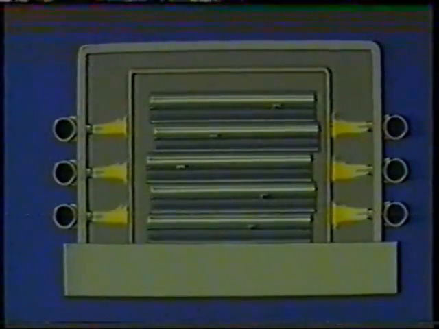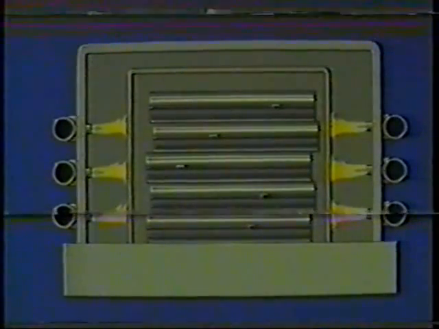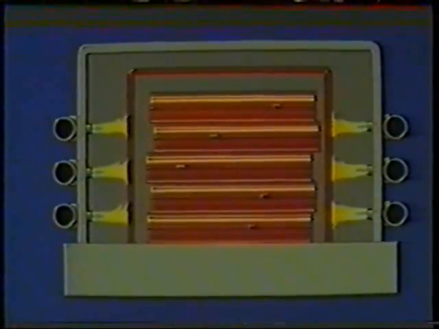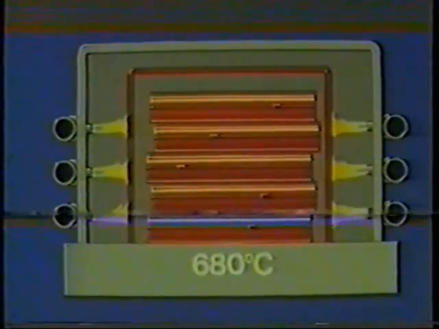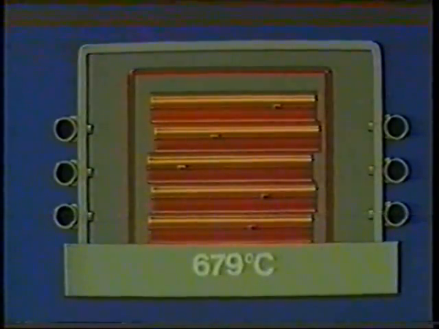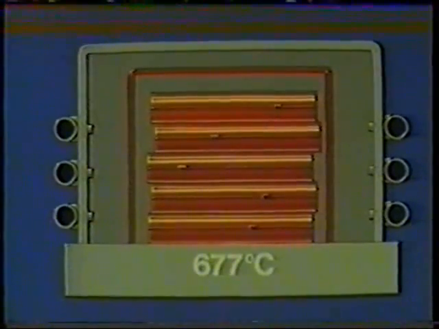Steel is annealed first by heating it to a high temperature, just as in hardening. In this particular case, the temperature is set for 680 degrees centigrade. This temperature is held for a specified time, and then the steel is allowed to cool in the furnace.